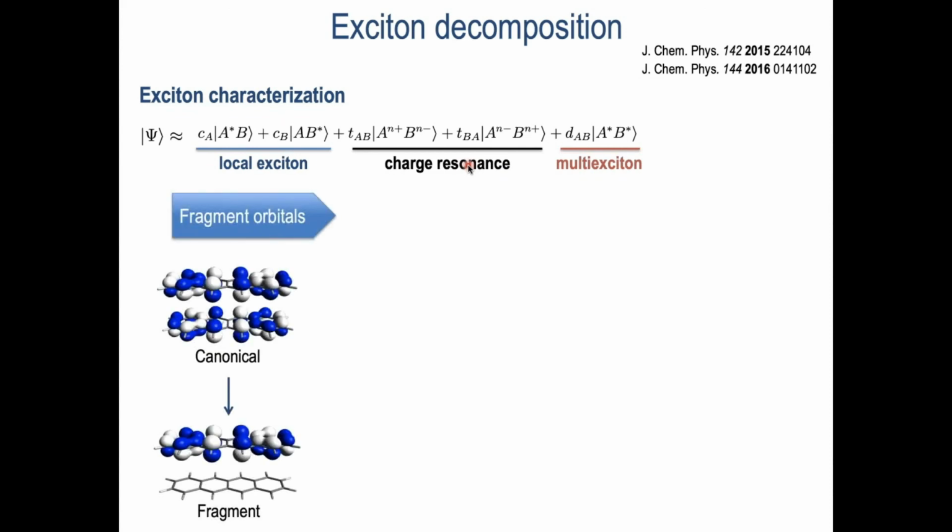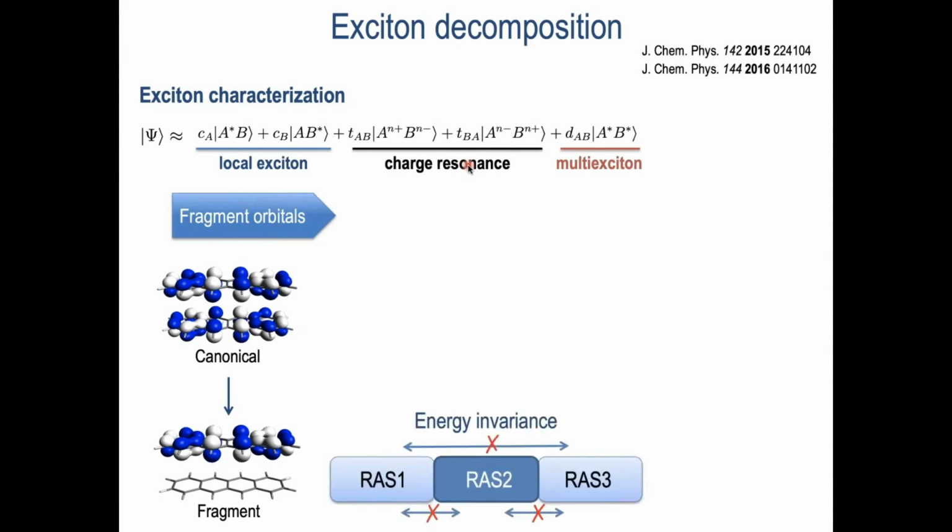And to do that, we can compute RASCI spin-flip or RASCI in general states, using fragment orbitals instead of canonical orbitals. So the first step is to localize orbitals in the fragments of our system. And of course, if we want to obtain states with the same energy with or without localized orbitals, we must respect some rules in order to preserve the energy invariance.